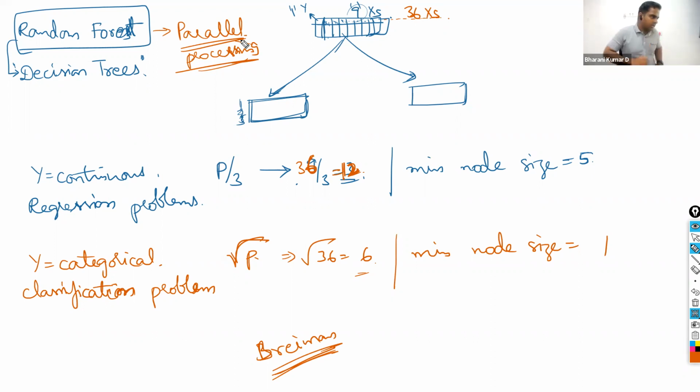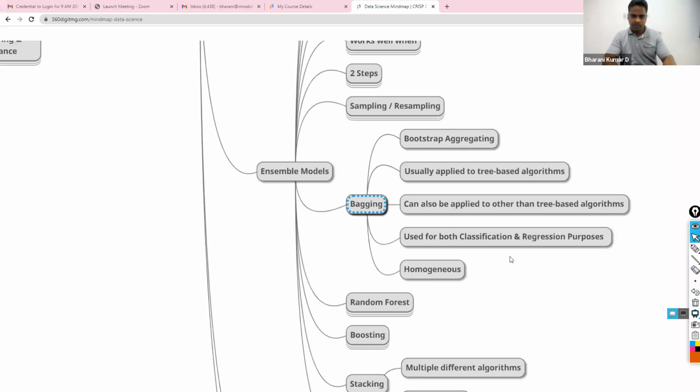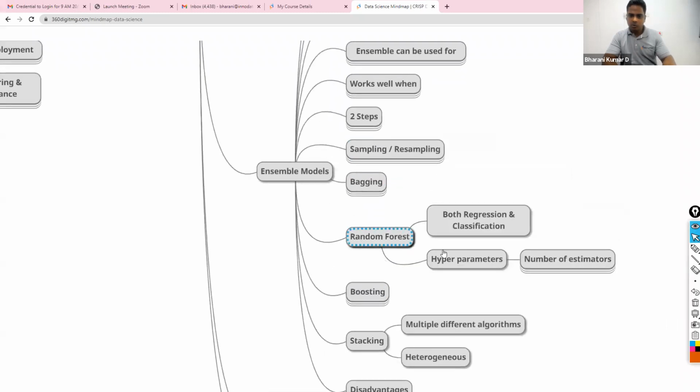Now let us understand yet another algorithm, which is called boosting. Let's go ahead with boosting. So bagging is bootstrap aggregating. We discussed this. Then we spoke about random forest.